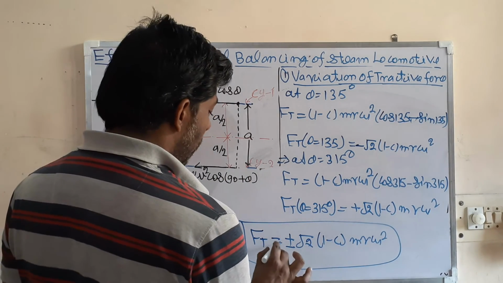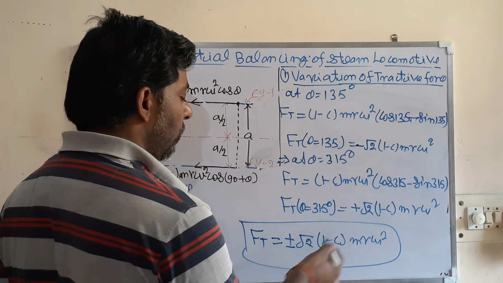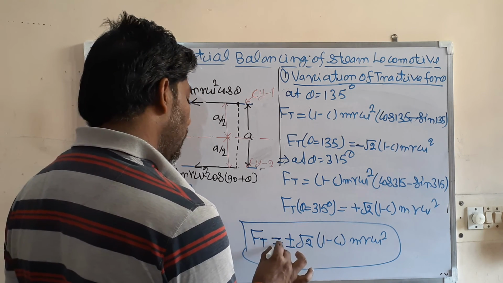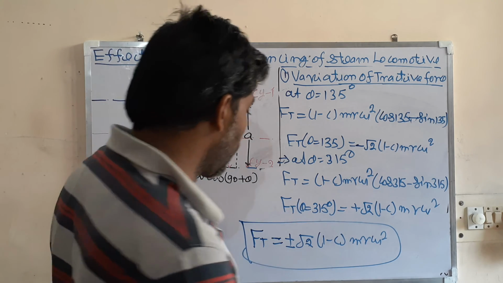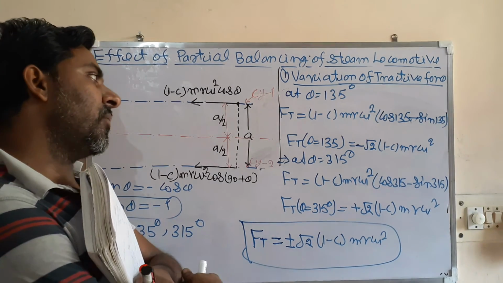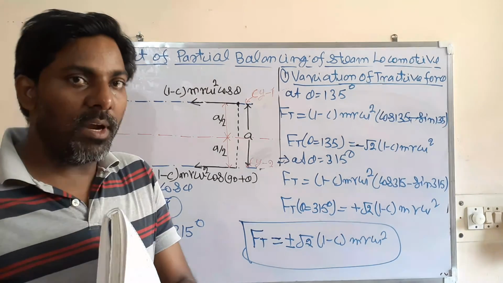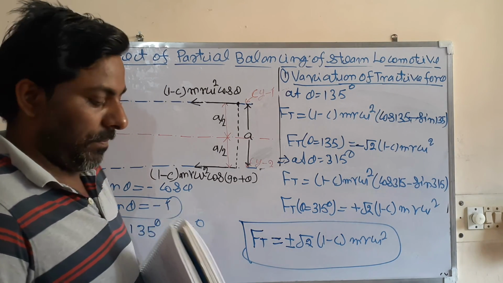So its directions are different, and they range in between. So you have derived the general expression, found the maximum value, minimum value and its range.